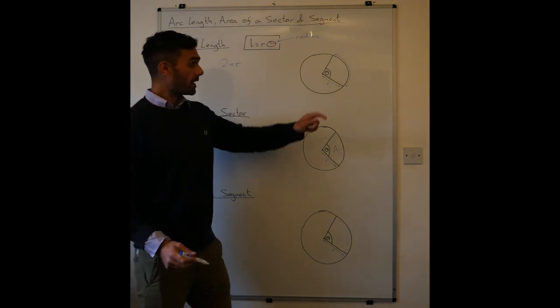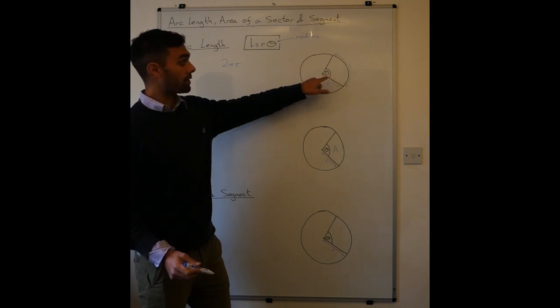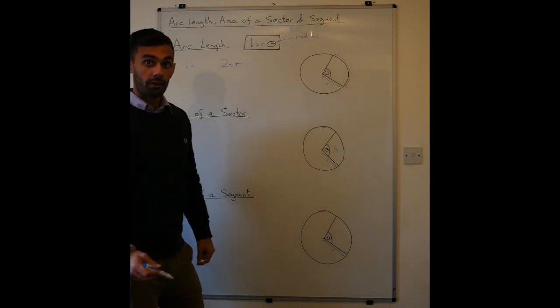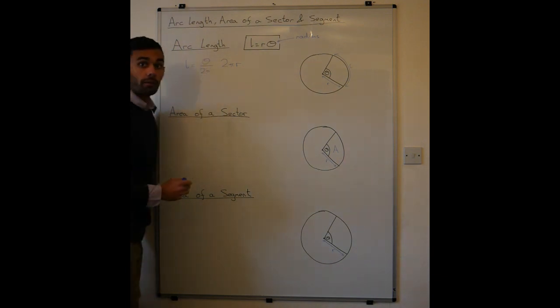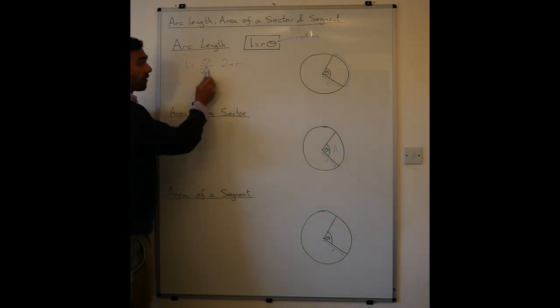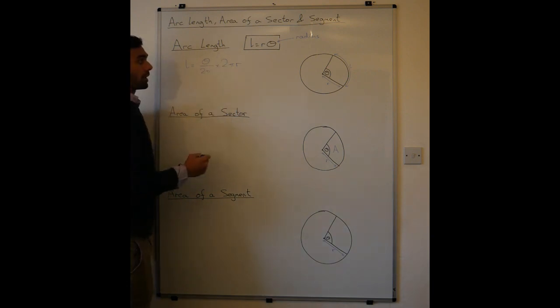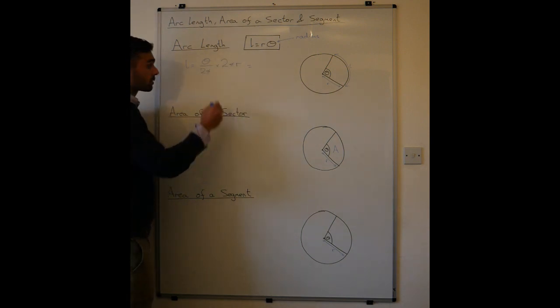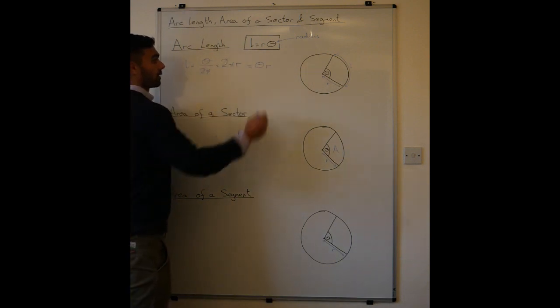And the fraction you need is the angle divided by the number of radians in a full revolution. To be more specific, the fraction of the circumference is theta over 2 pi. And if we take that fraction of the circumference, it simplifies to, well, the pi's cancel, the 2's cancel, and we're left with theta r. And we're done.